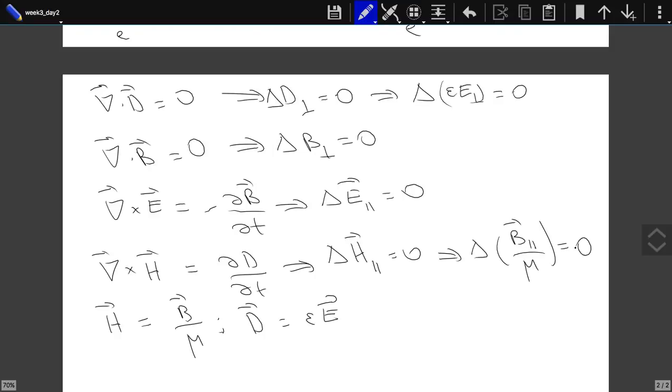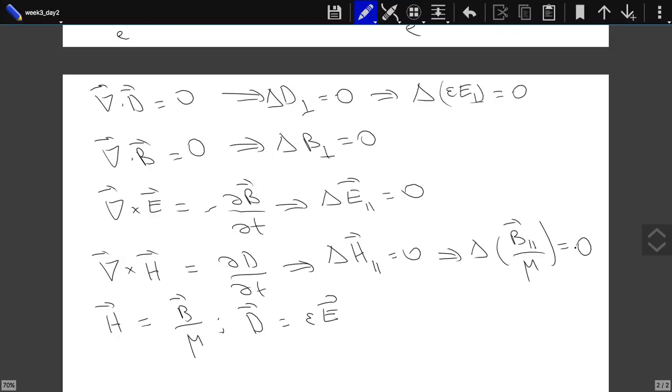Now, of course, these boundary conditions should be valid in every case, as long as we don't have any surface charges or surface currents running over our surface. Not just in our case, but they should be satisfied in all cases.